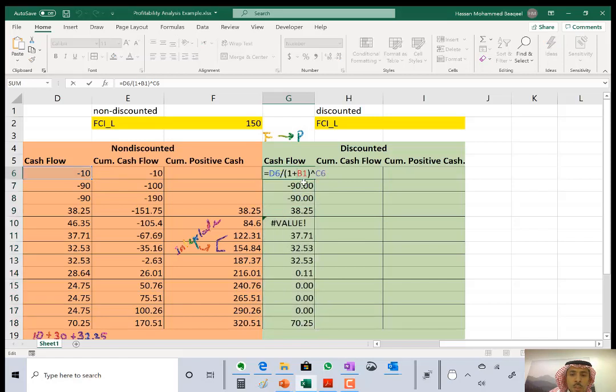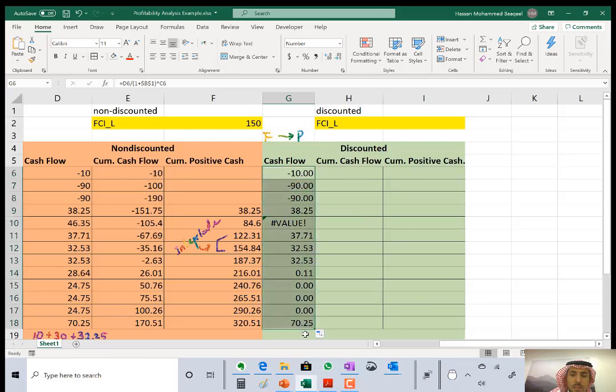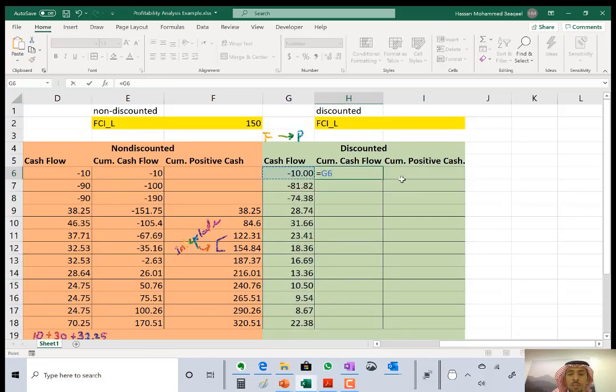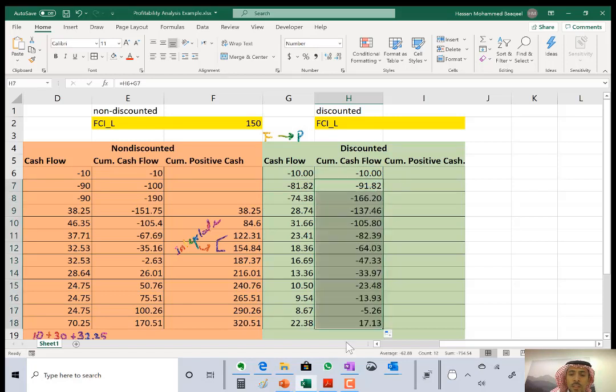Well, when you drag, you have to make sure that R is fixed. So now we can drag, and this is the cash flow. To calculate the discounted accumulated cash flows, we add the previous year's cash flows to this year's, and that's what we get.